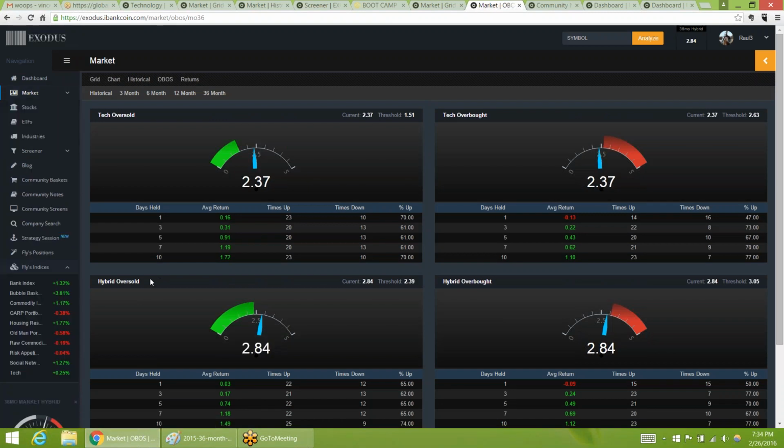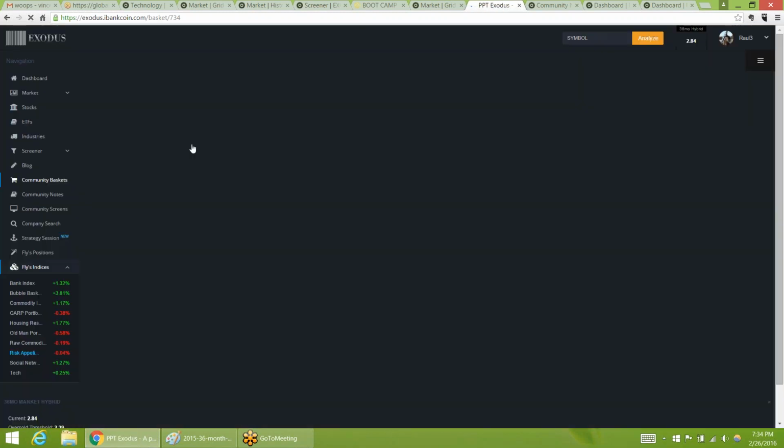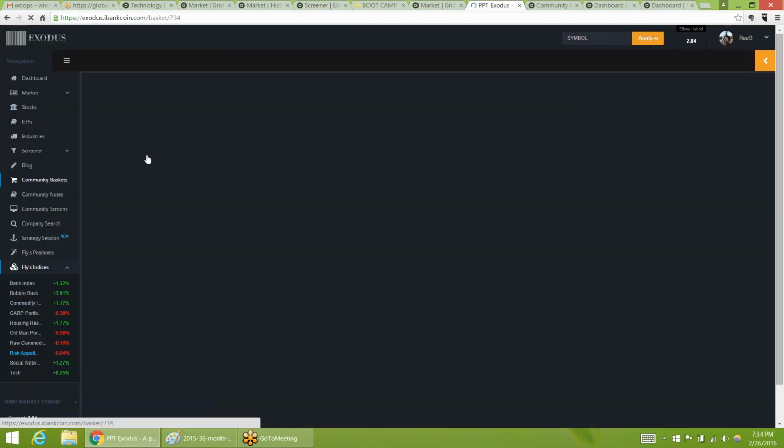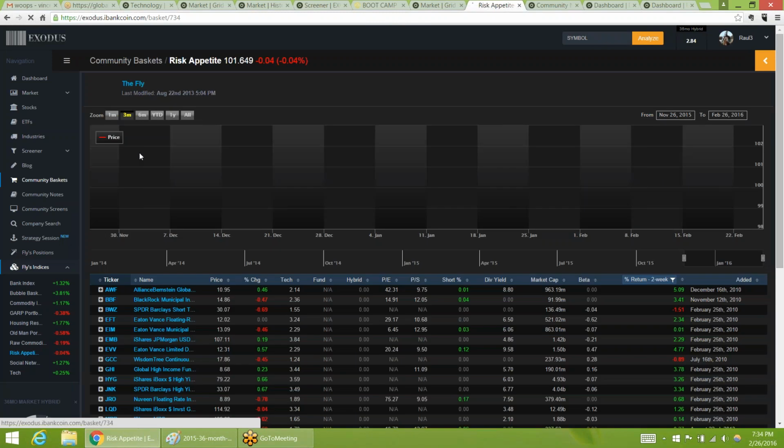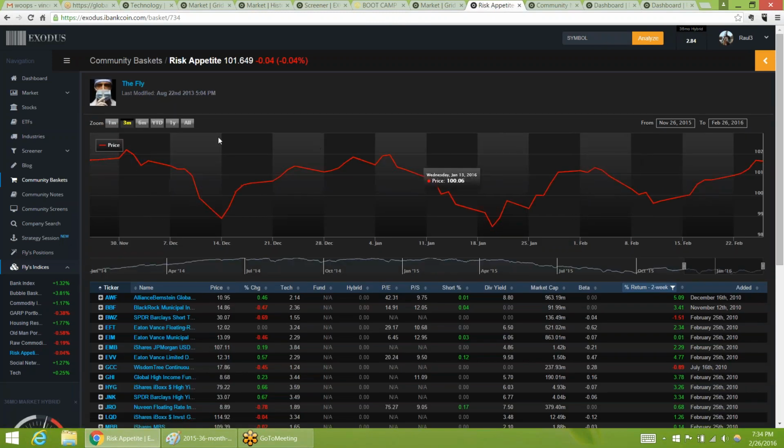The flies indices are very, very useful for getting an idea of if risk is really starting to fly off the table. So there is this risk appetite index, okay? And this represents institutional bond holdings, high-grade corporate debt. It's basically a giant bond fund.